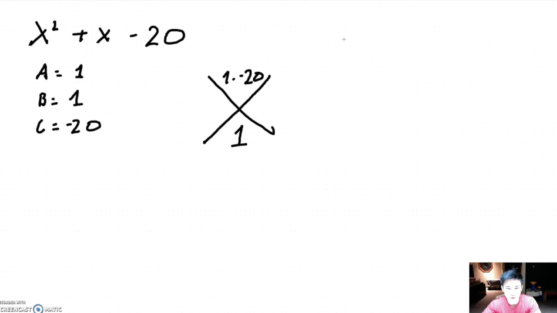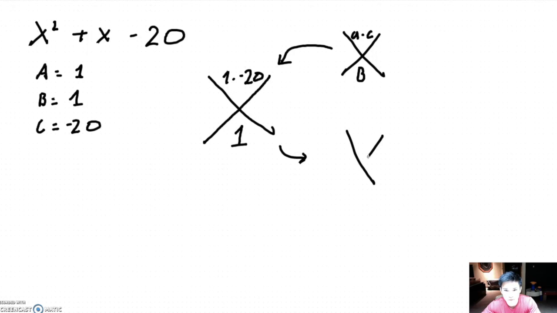Just to show that again: you take the value a times c and put it here, and then you put b here. So that's a numerical example. For when the value a is 1, you can just go straight to negative 20 here, and then 1 here.